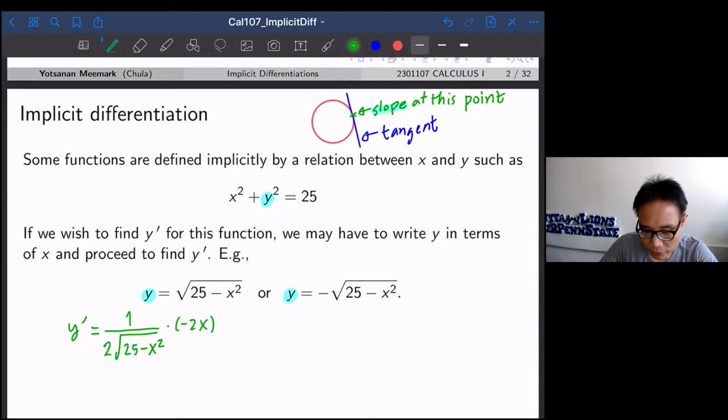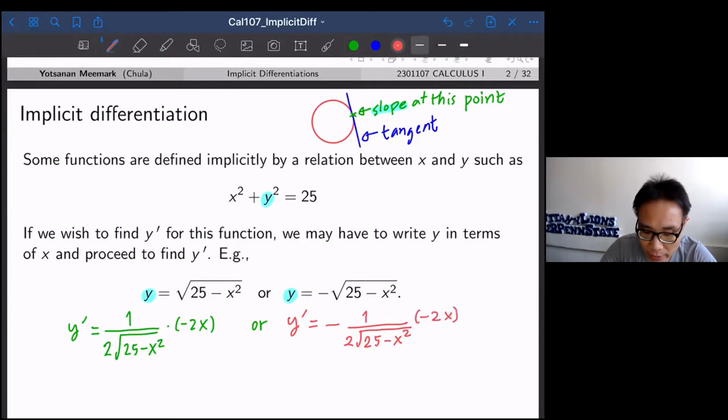Okay, so this is for the first one. Or if you differentiate the second one, you would get y prime equal to, don't forget the negative sign, negative 1 over 2 square root 25 minus x squared, and you're going to multiply by negative 2x as well.